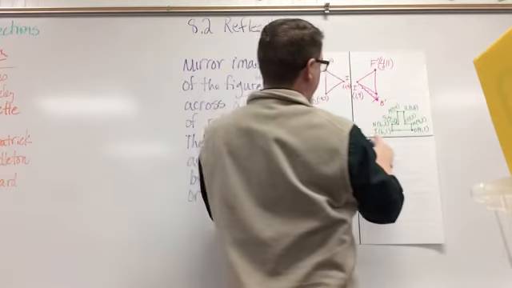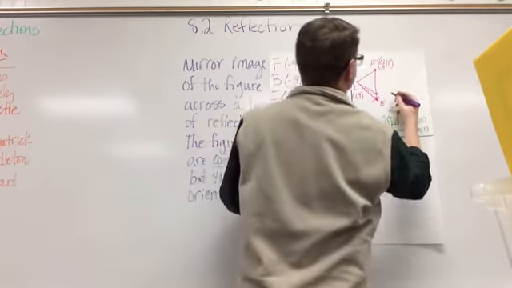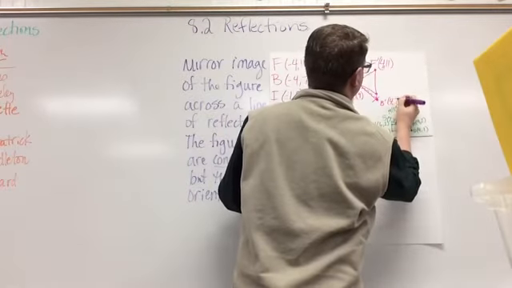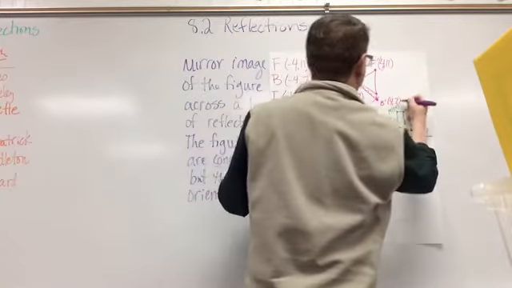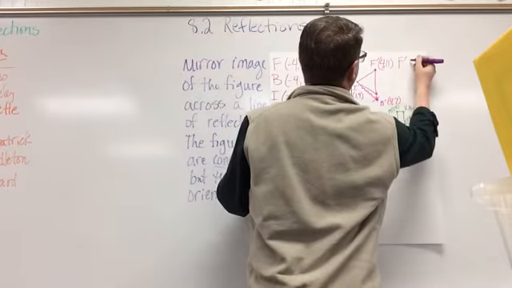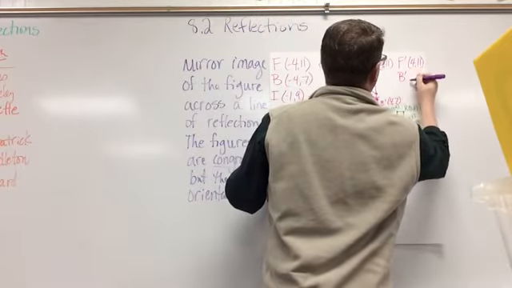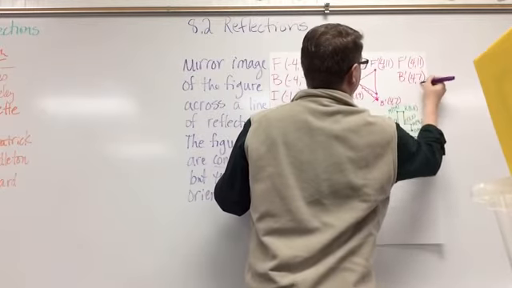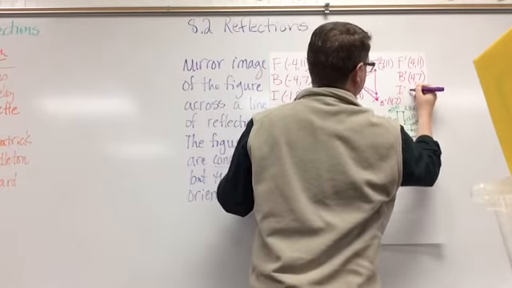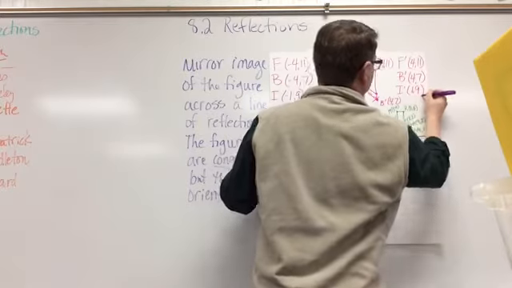And B prime is 4, 7. So I'll write them here. F prime is 4, 11. B prime is 4, 7, and I prime is 1, 9.